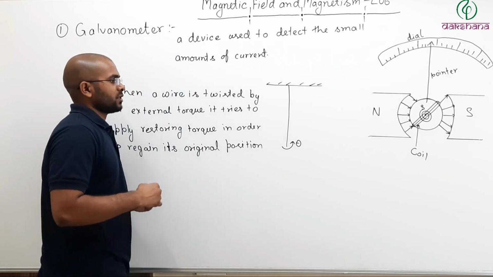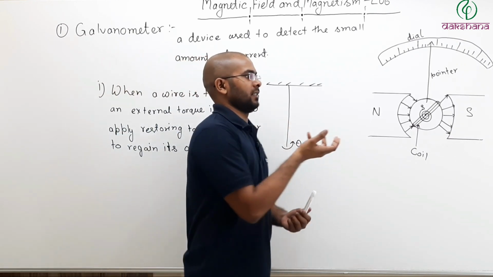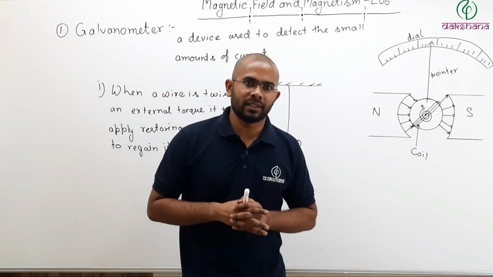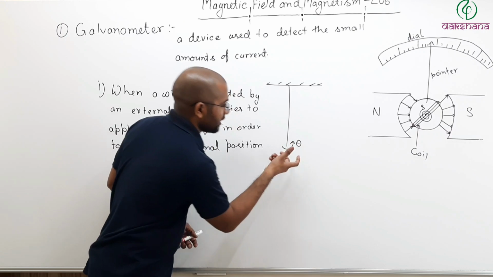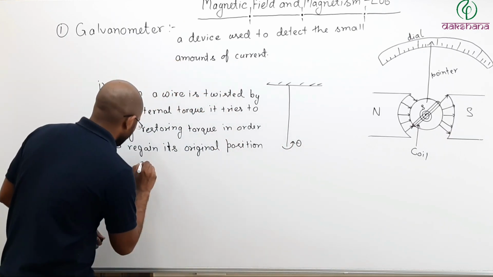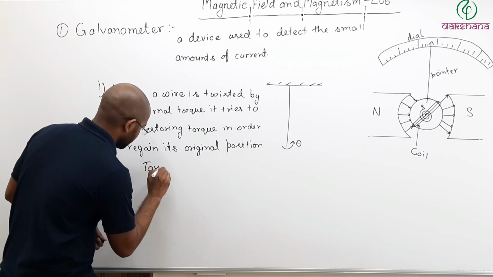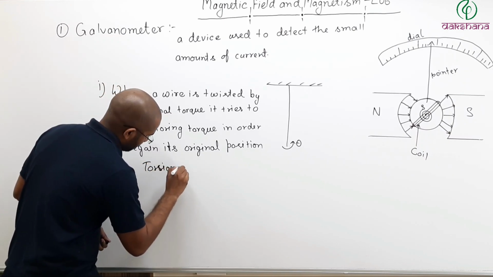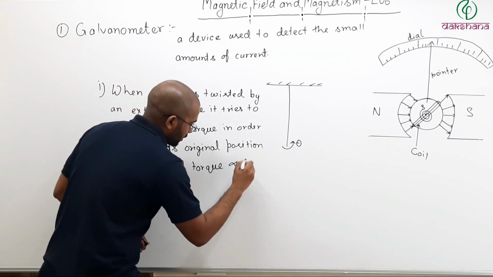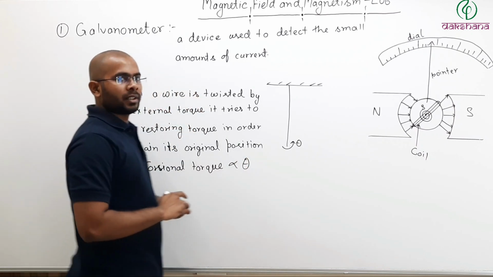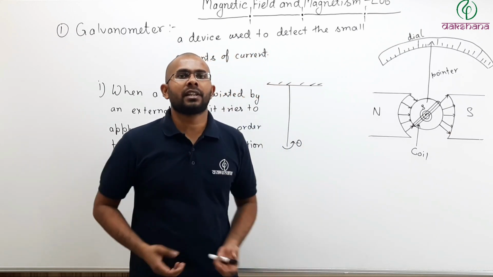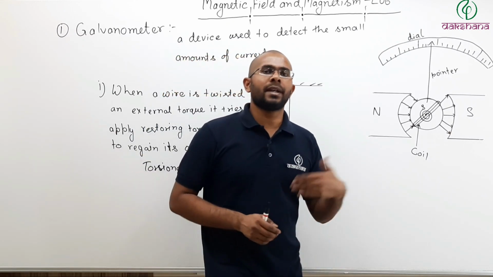So if I twist my wire by an angle theta, then how much restoring torque will be applied? When you twist a wire by theta, then the restoring torque, which is also called torsional torque, is proportional to theta, meaning the greater the twist you apply on the wire, the greater will be the restoring torque applied by the wire.